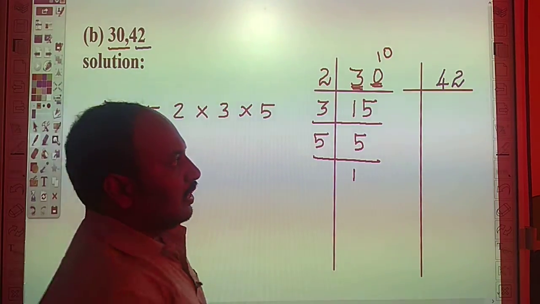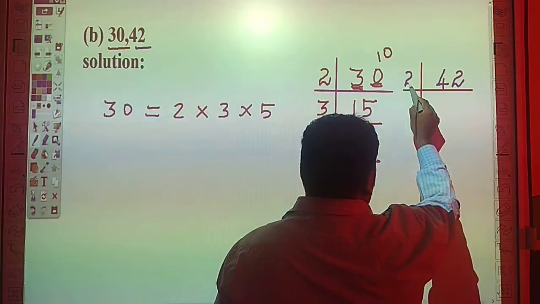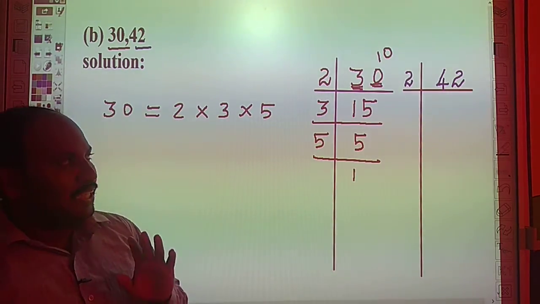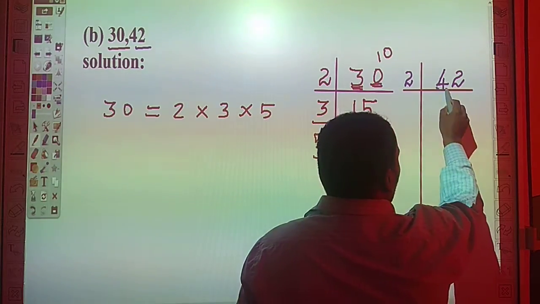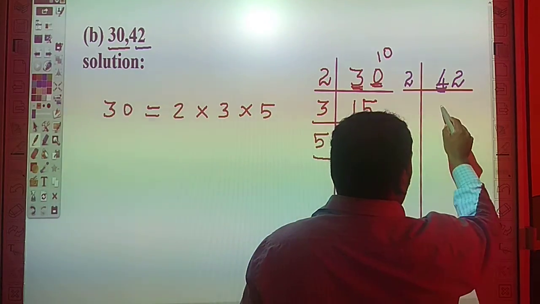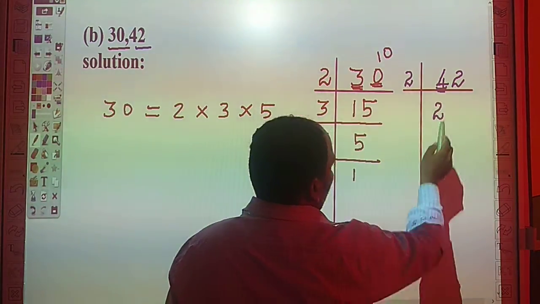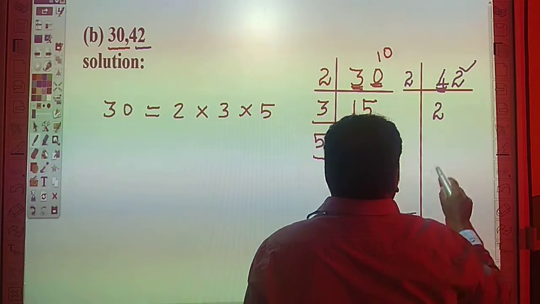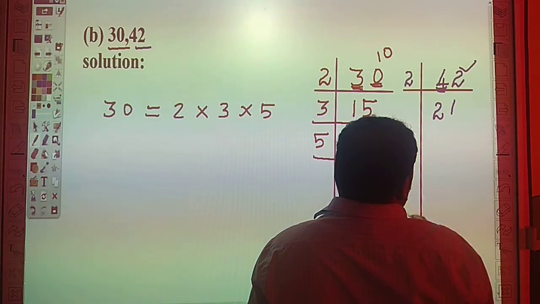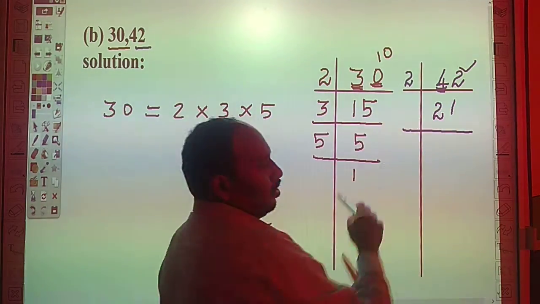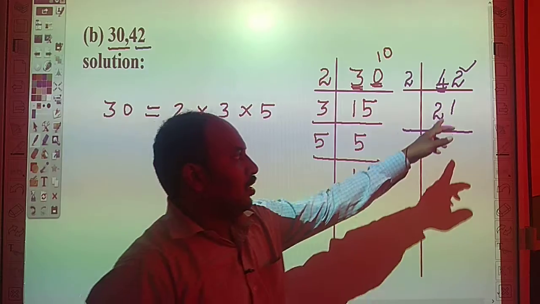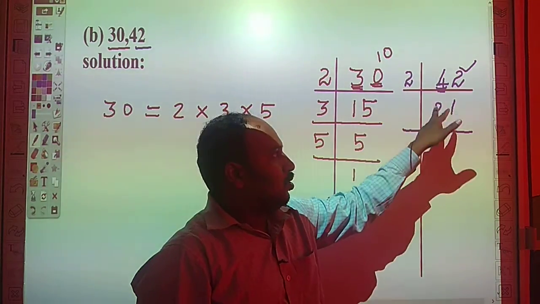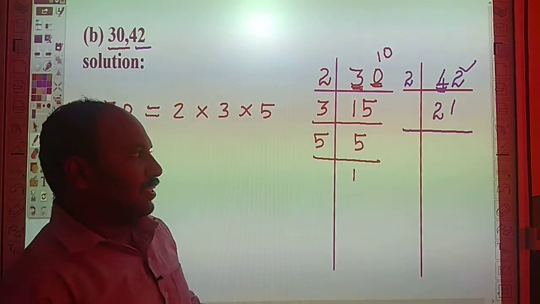So we take the first prime number 2, because the number 42 is divisible by 2. The first digit is 4. So 2 times 2 is equal to 4. The next digit is 2. 1 times 2 is equal to 2. That means 21 into 2 is equal to 42.